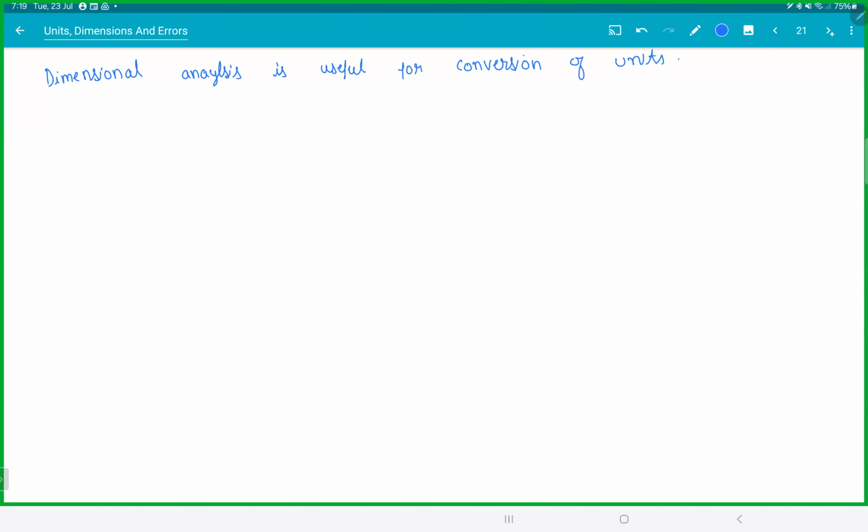For example, let me show you an example. Let's say in a new system, someone has taken 5 kgs of mass as a standard unit.